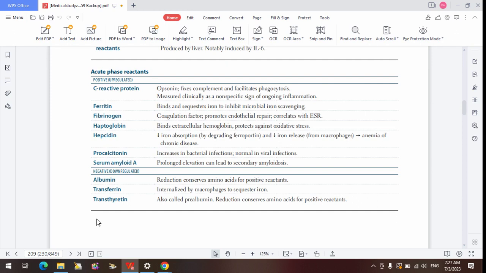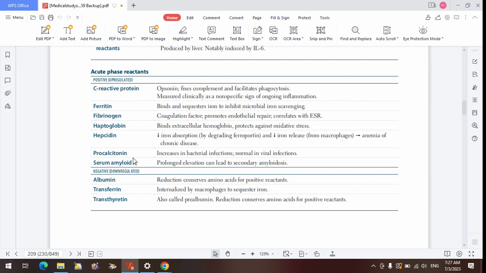And C3, and in that way, it can help us fix complement. So don't forget, C-reactive protein can fix complement because it can activate complement through the classical pathway. Then it can also opsonize. Both of them work together to facilitate phagocytosis, because by the time you are producing your C3b, which is an opsonin, it can stimulate the phagocyte to take care of the offending agent.